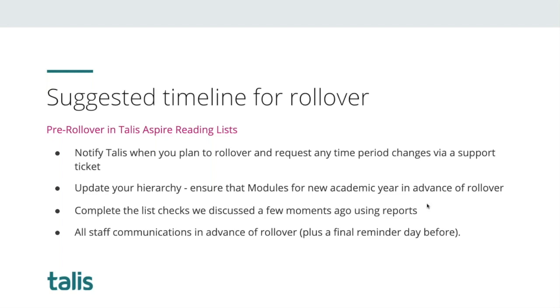Complete those list checks that we discussed earlier in terms of checking the all lists report and your reviews and checking out what's been copied. And then do your staff communication prior to rollover. So as we talked about, maybe a month out and then a couple of days beforehand.